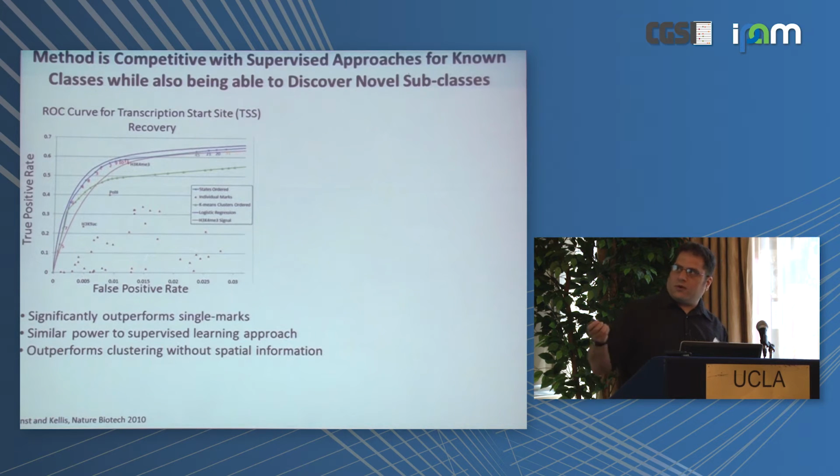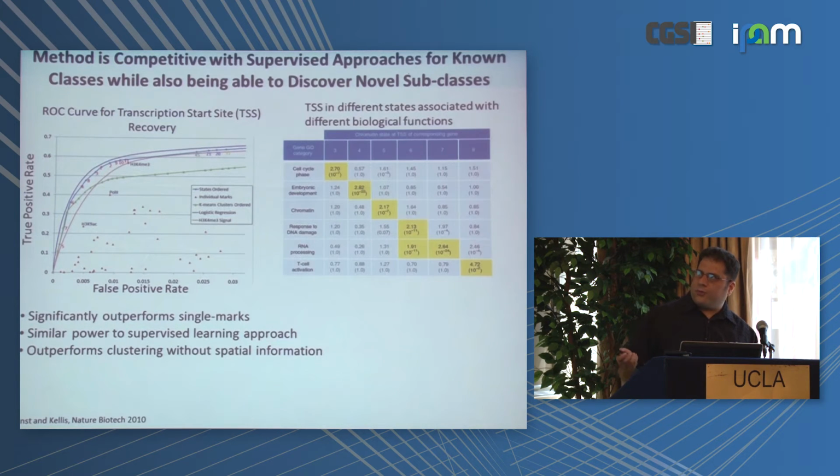And it turned out that we were almost competitive with the supervised classifier, which had the knowledge of the annotations and wasn't working de novo, and we're outperforming other approaches when we order our states by the optimal ordering.